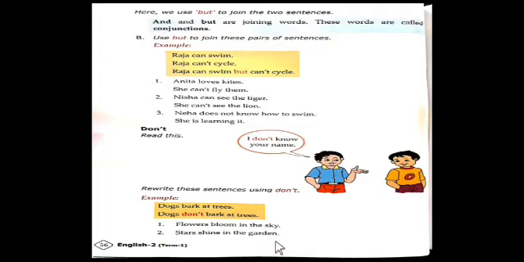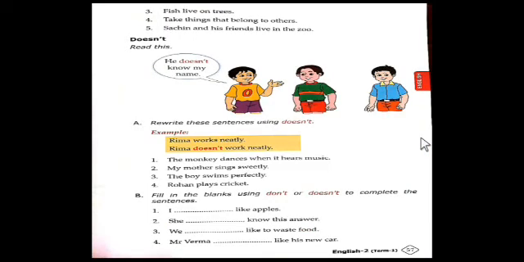The negative form is stars don't shine in the garden. Stars shine in the sky itself, not in the garden. So stars don't shine in the garden. Next one.